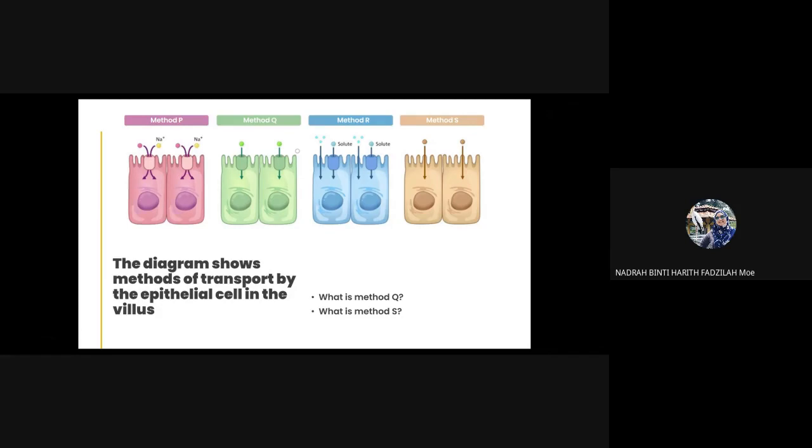Okay, what is method Q and what is method S? Kita dah belajar different types of passive transport. So, which one? What type of passive transport that occurs here?